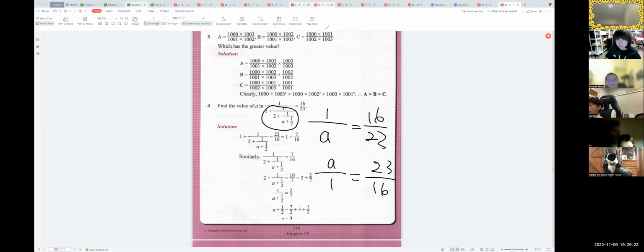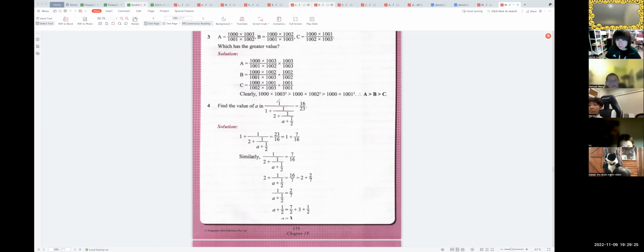Yeah, so I just flip it. So 1 over this whole thing equals 16/23, so this whole thing equals 23/16. Get it? Oh, I get it. Yeah, so that's why this bottom part equals 23/16.